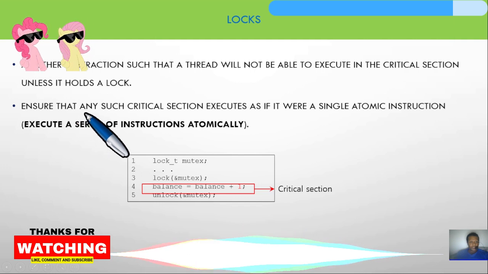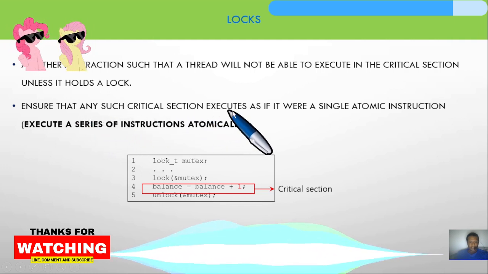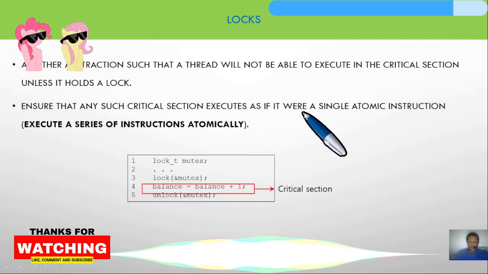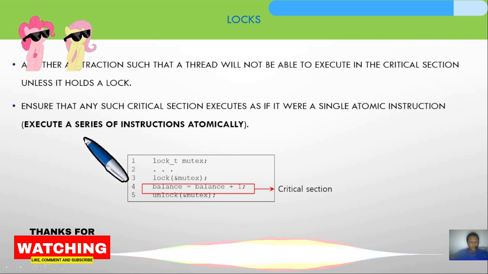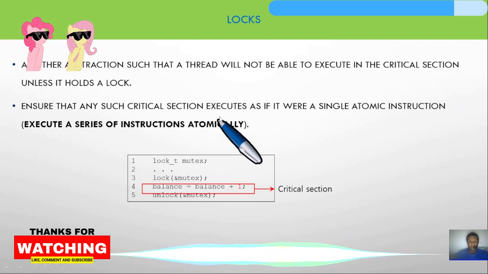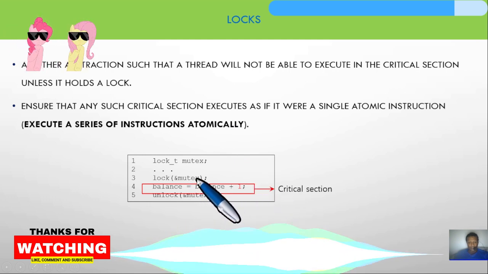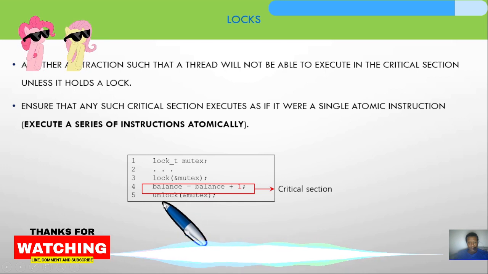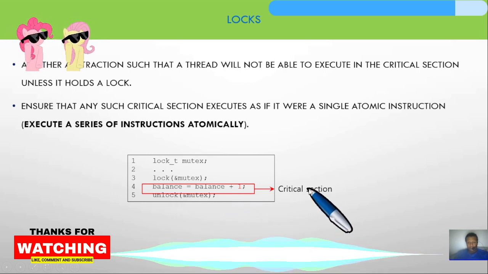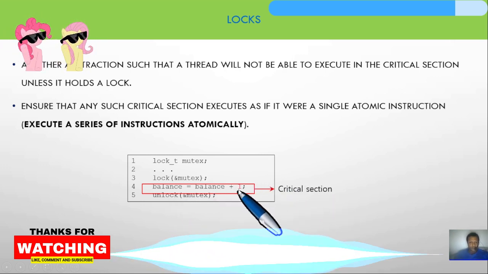So this ensures that any such critical section executes as if it were a single atomic instruction. Execute a series of instructions atomically, like this: mutex lock, balance plus 1, then unlock mutex. For the critical section, you can use this kind of code.